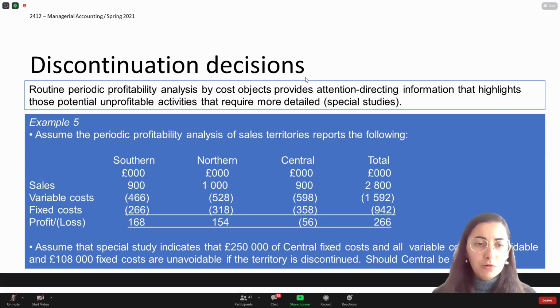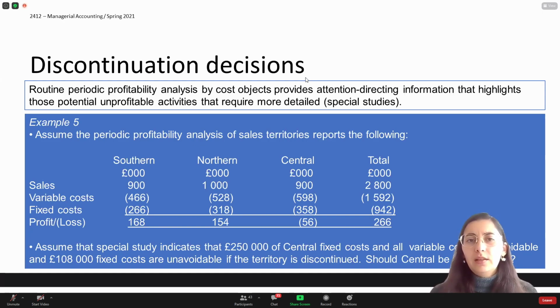So we have that Southern yields a profit of £168,000. Northern yields a profit of £154,000. And Central yields a loss of £56,000. So we have total profit of £266,000.